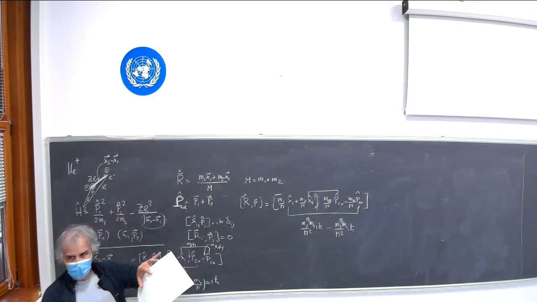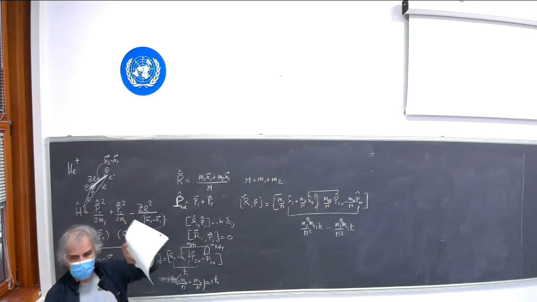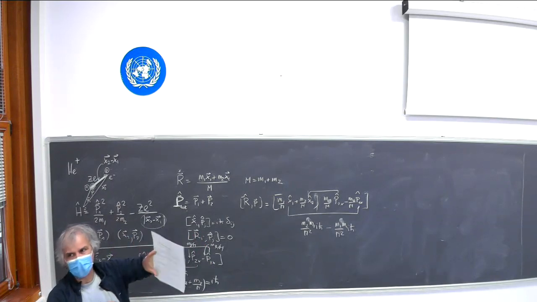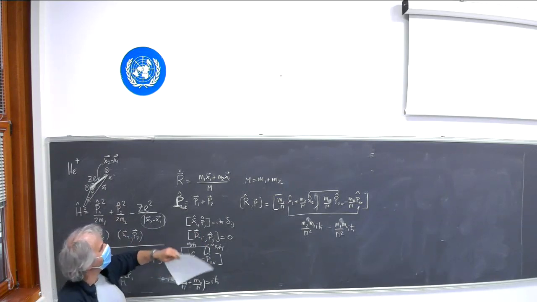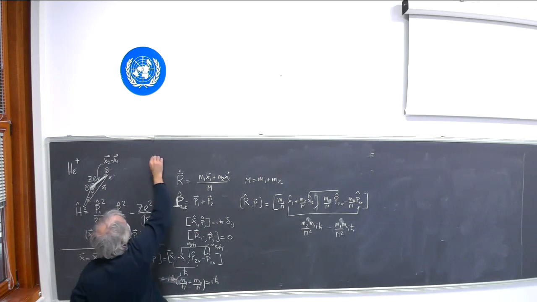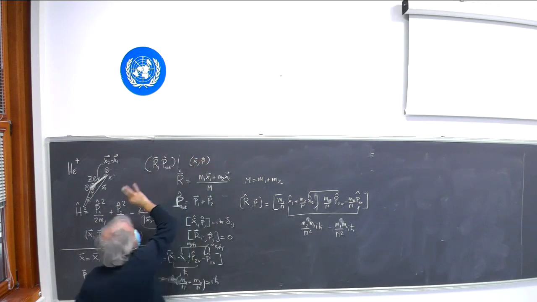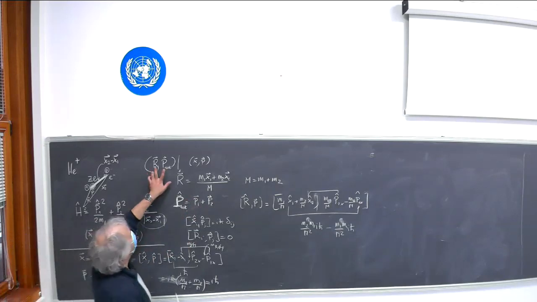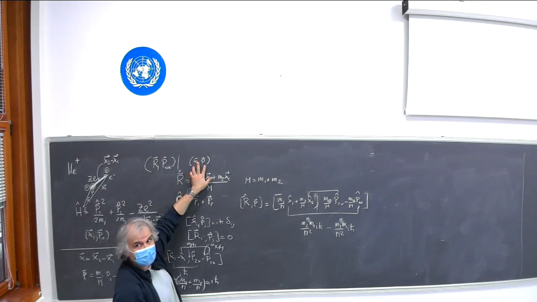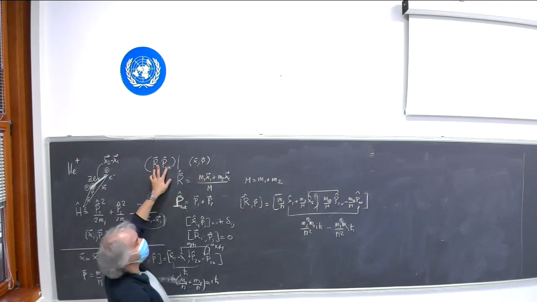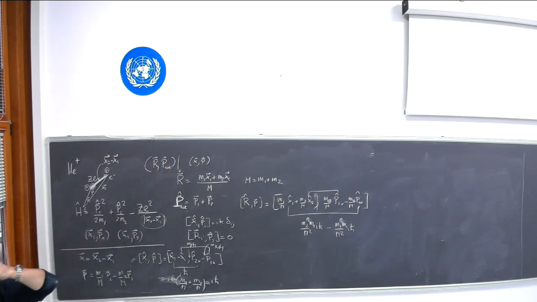Somehow the small p, a relative momentum, commutes with the total center of mass coordinate. In other words, R and big P are one thing that totally commutes with x and small p. These two sets commute among each other. This with that is canonical conjugate, i h bar the commutator. This with that, i h bar the commutator. But this commutes with that. Good. Is it clear?